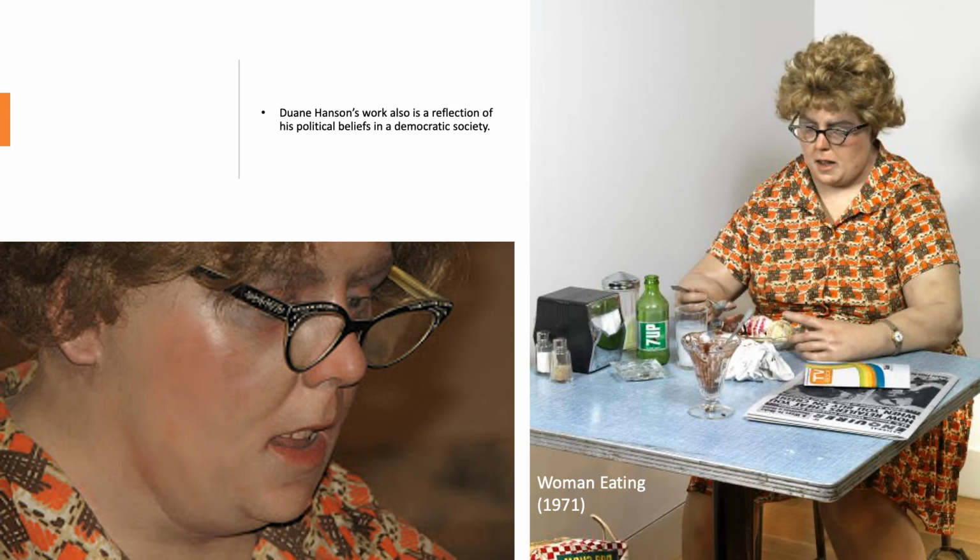So in this piece called Woman Eating, it's a woman who seems to be middle class. We can tell from her clothing, and we just assume these things. Eating at probably a diner because we can tell from the napkins and the ice cream, and she's not the ideal picture of beauty, which we have created in our society.